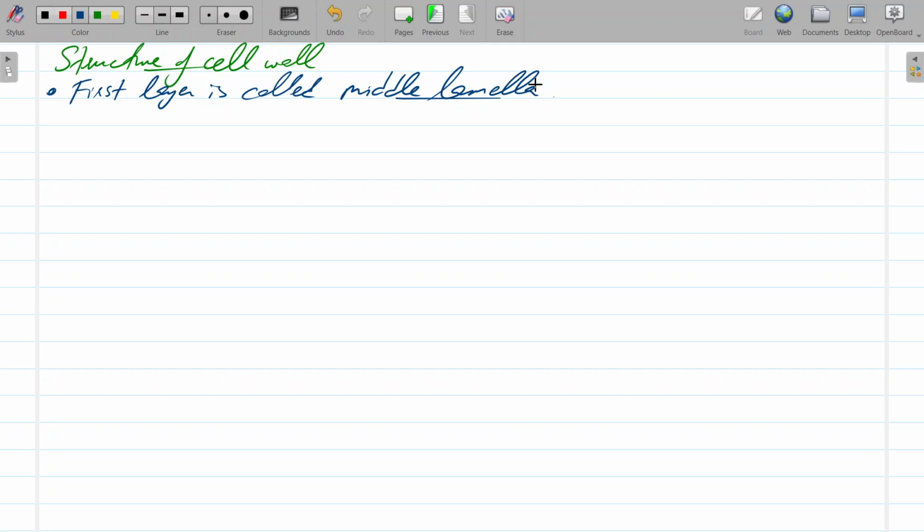It is mostly made up of pectin. The name is the middle lamella. It is made up of pectin mostly, right? And pectin is also a polysaccharide.